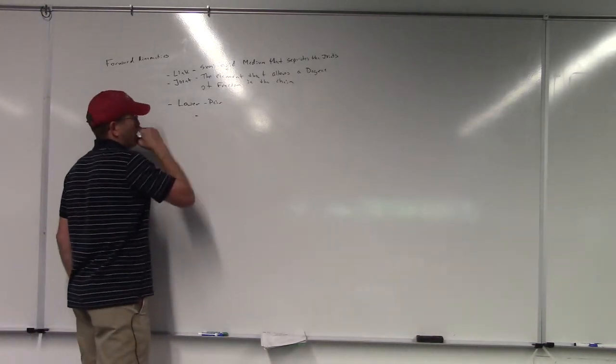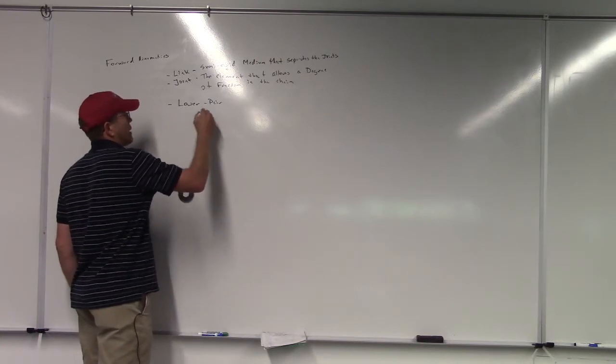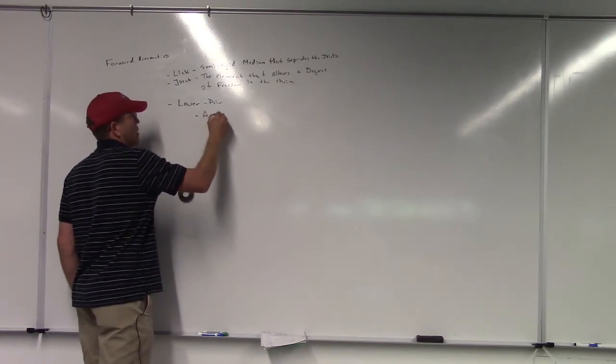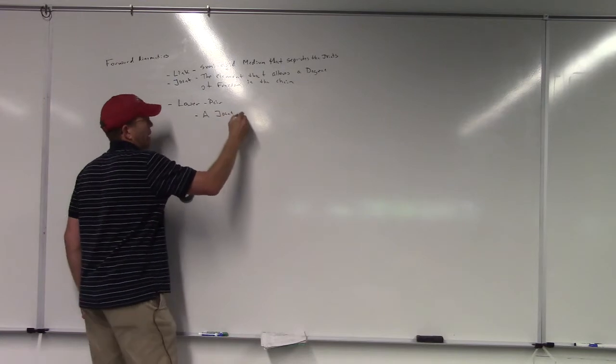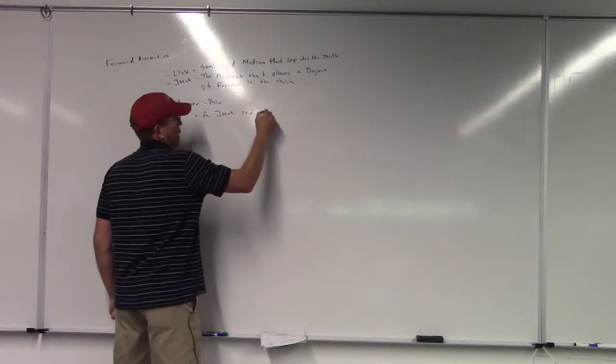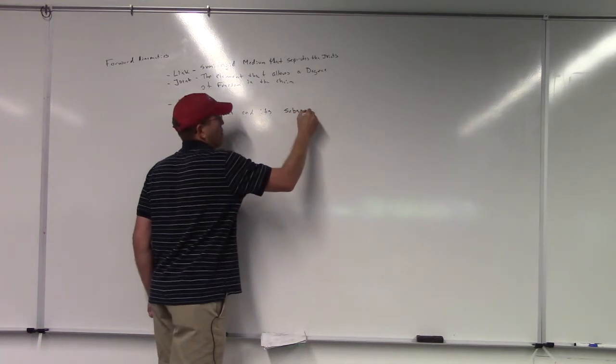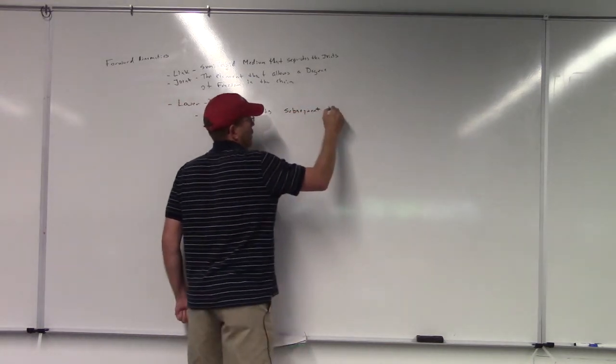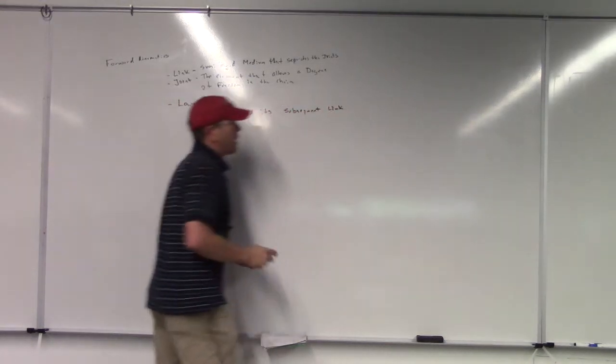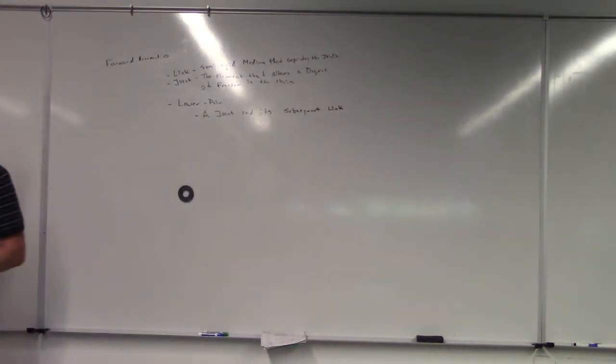When someone talks about a lower pair, what they're talking about is a joint and its subsequent link.